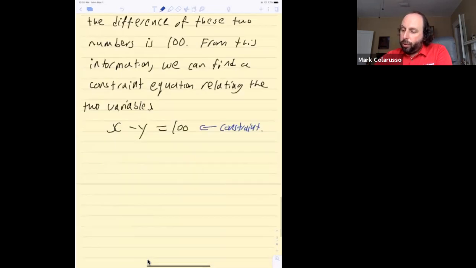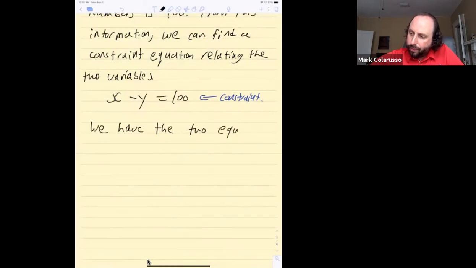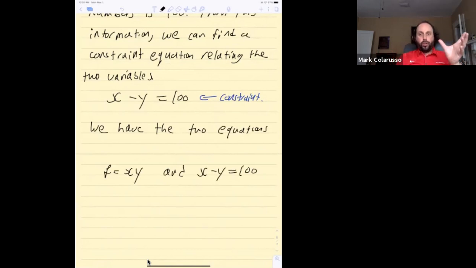So now, let me just summarize. We have the two equations. Because it's way up on the pad, I'll rewrite them. F equals x times y, which is the product we want to minimize, and x minus y equals 100, right? That these two numbers, their difference must be 100. We want to minimize their product. Now, like I said, this constraint equation allows us to solve for x in terms of y.